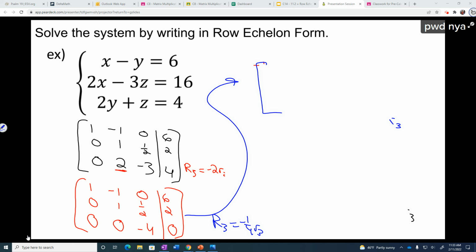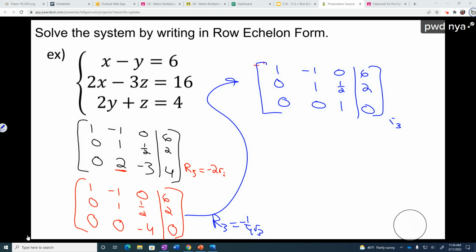And then we should have everything we want. Multiply that by negative 4, we get 1. 0 times negative 4 is 0. So that's an easy operation. And now we've got it in row echelon form.